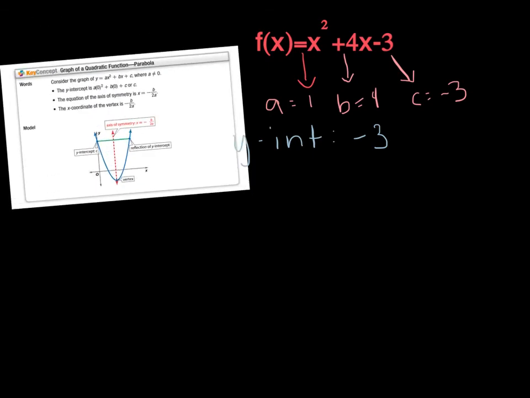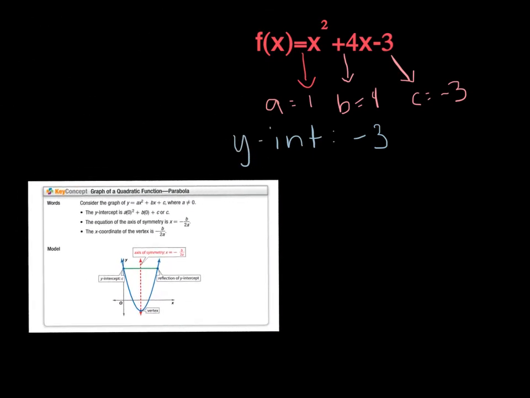Now, in order to find the next piece, which is the equation of the axis of symmetry, the equation to find that is x equals negative b over 2a. So we're going to use our a and our b to find our axis of symmetry.